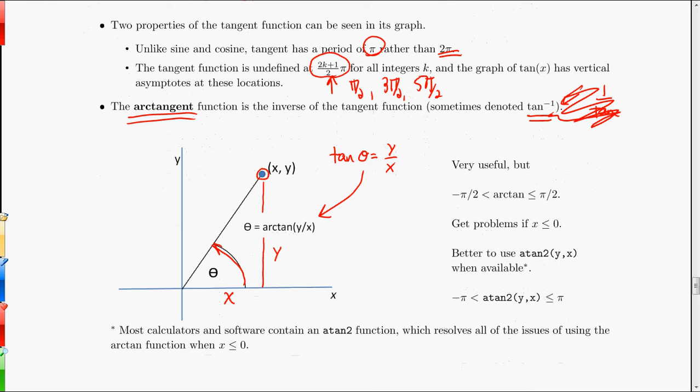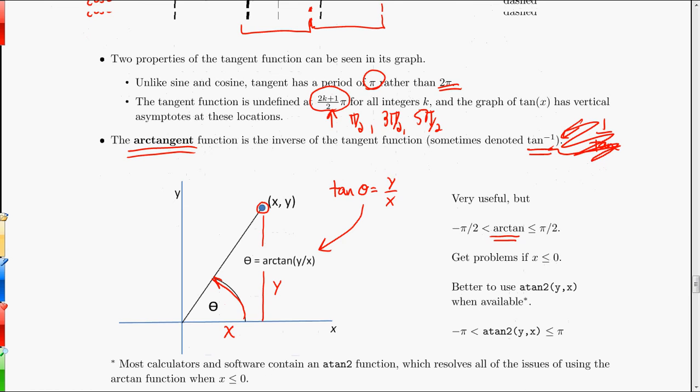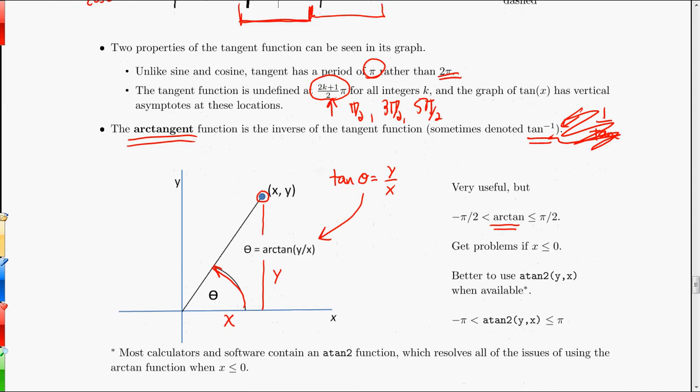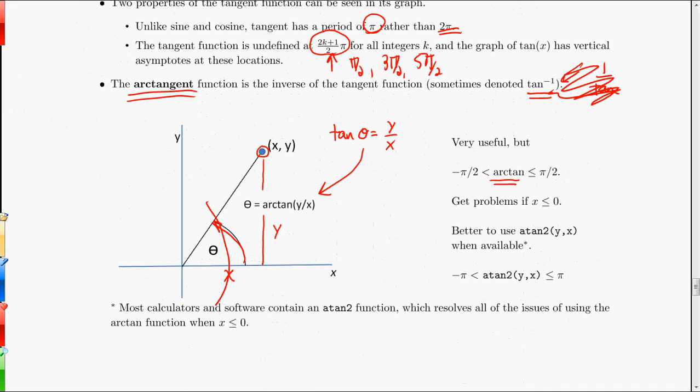But now the problem is that this arctan function will always return something between negative pi over 2 and pi over 2. So it'll only return angles between negative pi over 2 and pi over 2, so in either the first or the fourth quadrant.